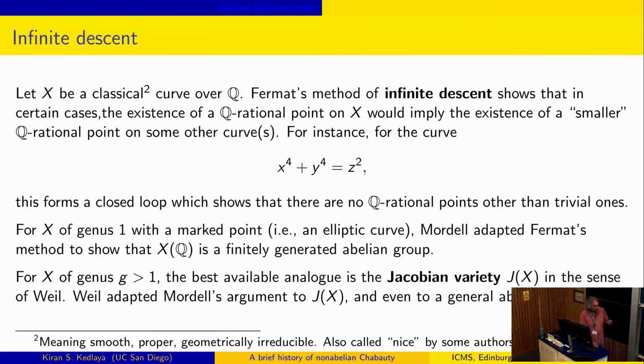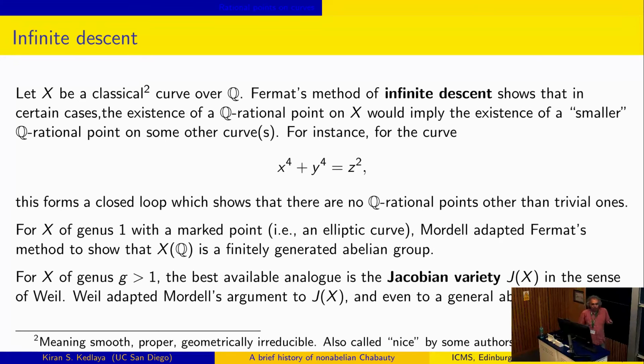He had to come up with a group structure associated to a curve of genus greater than 1. He knew about the way to do this in complex analysis through the notion of a Jacobian defined in terms of abelian integrals. I guess I didn't put Jacobi or Abel on the slides, but I had enough pictures. So anyway, Weil adapted Mordell's argument.